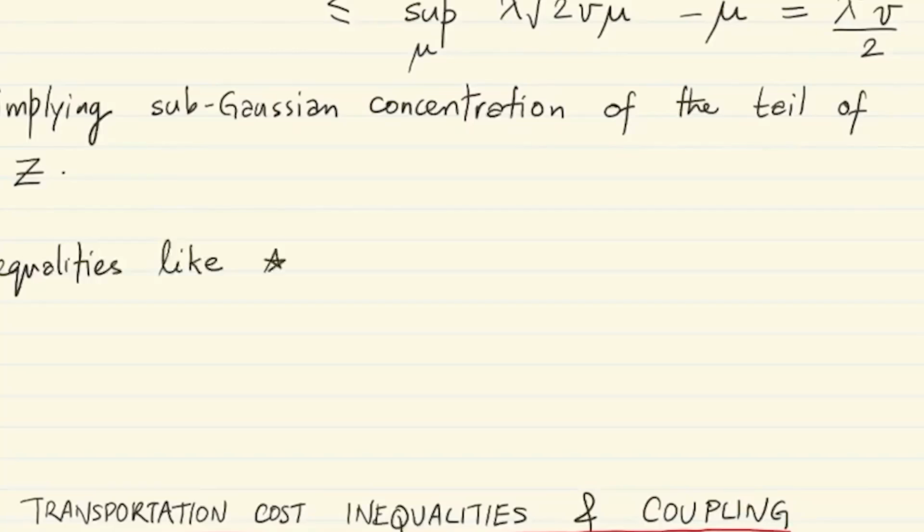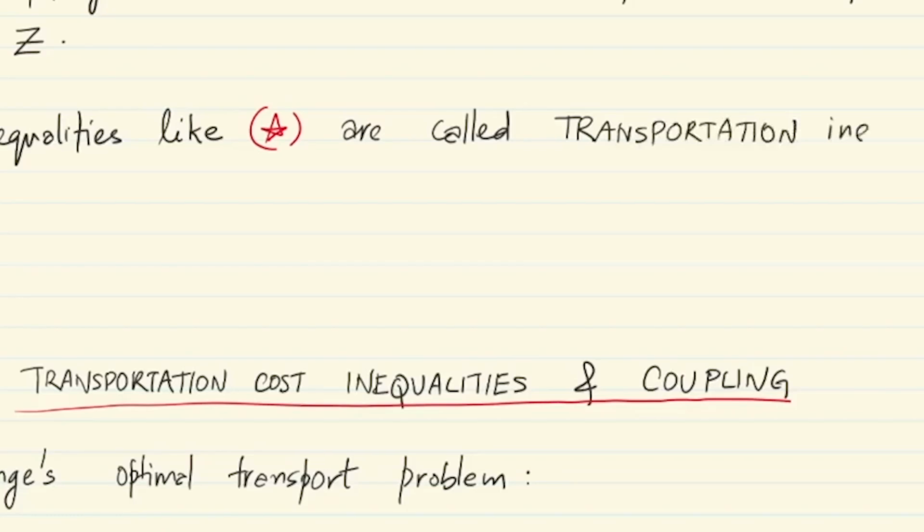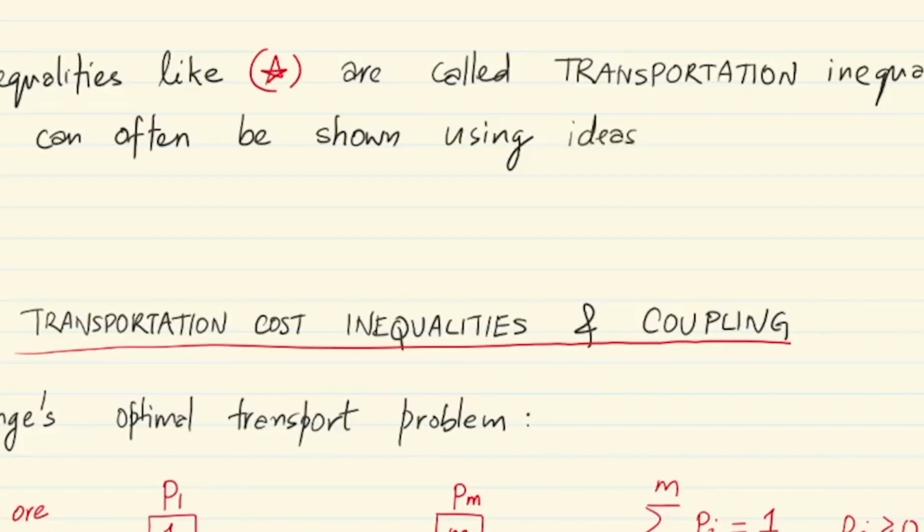Inequalities like star are called transportation inequalities, for reasons that we will come to soon, or transportation cost inequalities, and can often be derived or shown using ideas from what is called coupling of probability measures or probability distributions.